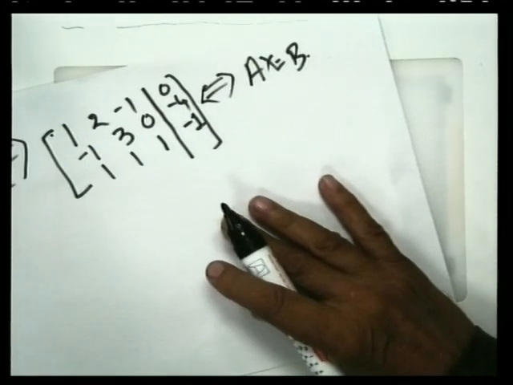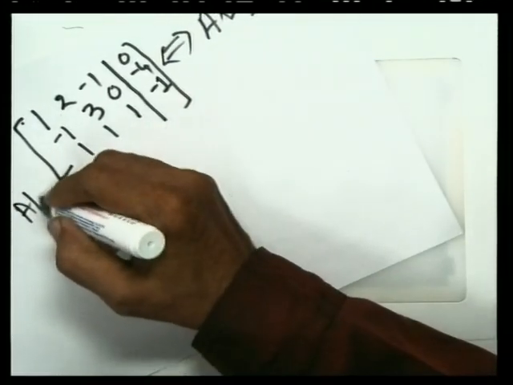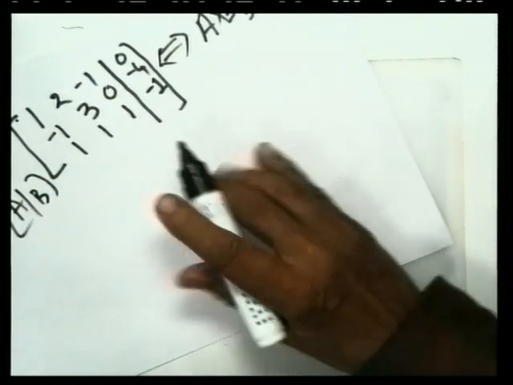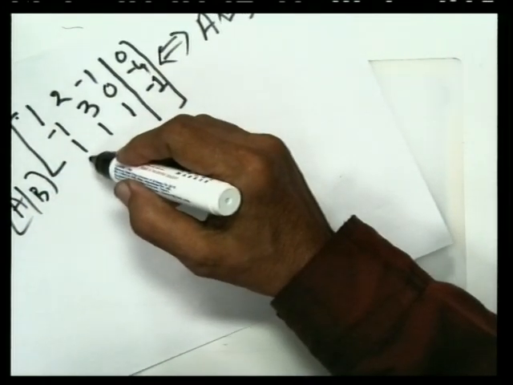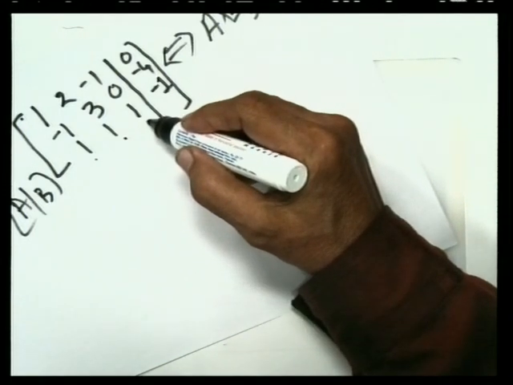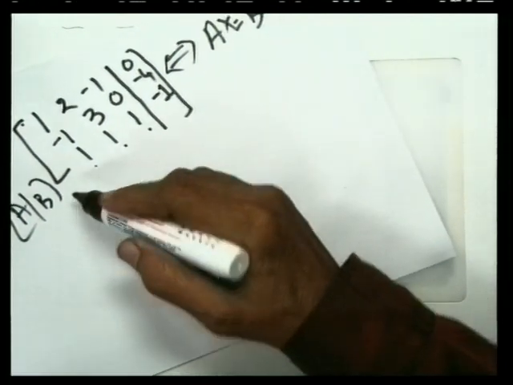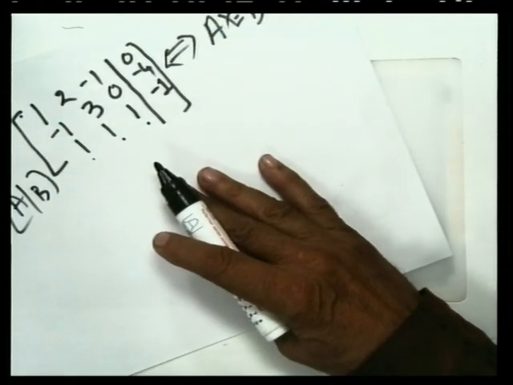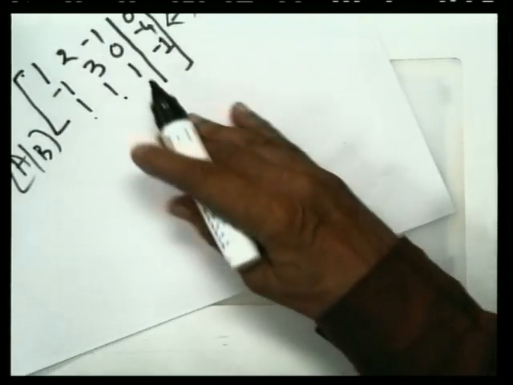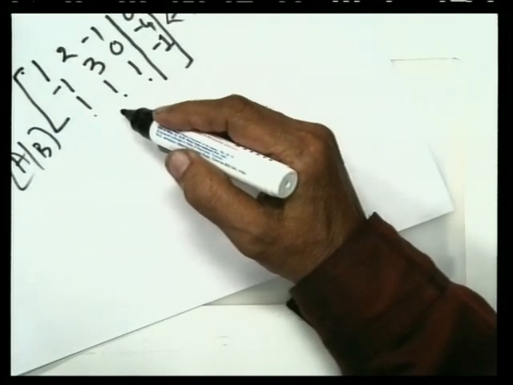So now we take this augmented matrix A by B, where first column is of x, second column is of y, and third column is of z. Now we apply elementary row operations and reduce it to the row reduced echelon form.